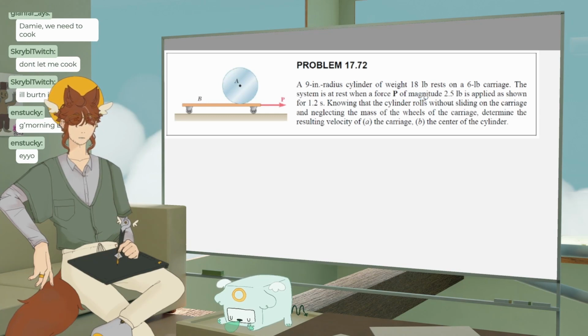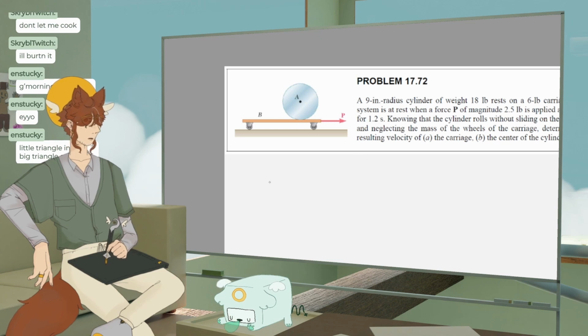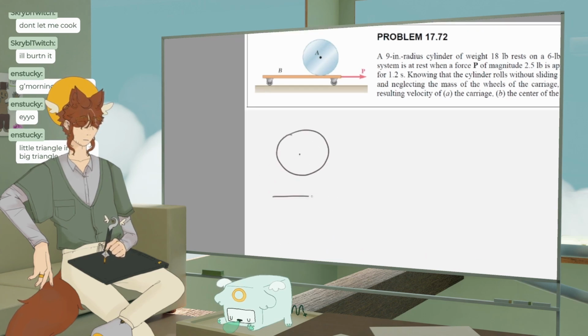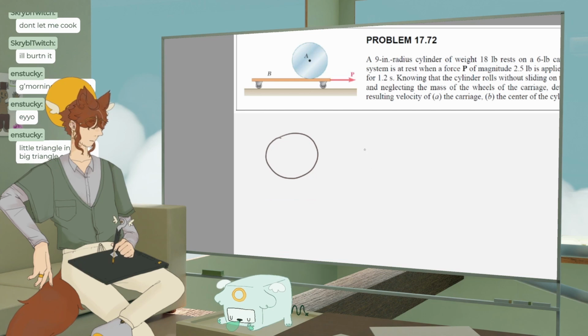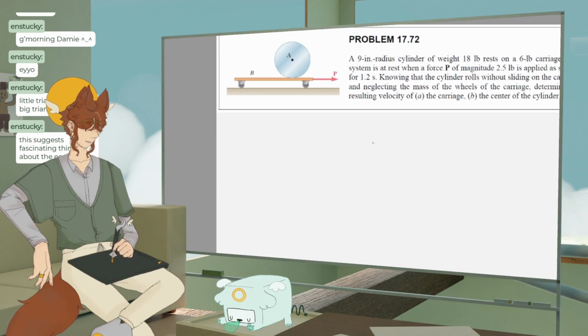What do we want to do? I guess we need to draw some mass velocity diagrams, probably. We escaped them various ways because everything was 0. But this one we kind of have to. These are 0, so I don't really need to draw those. Little triangle and bird, big triangle and bird. This is just fascinating things about the ecosystem.